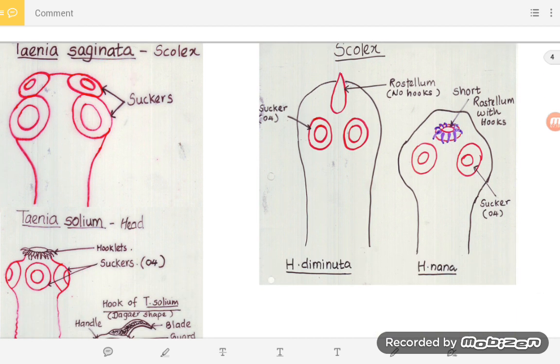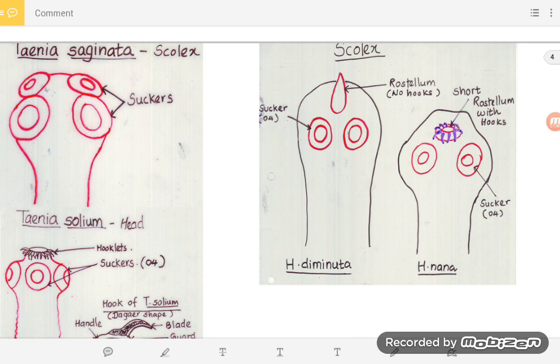Here is the scolex of Taenia saginata and Taenia solium. Of the species we know, in the case of Taenia solium and Taenia saginata, in the first picture, Taenia saginata, there is no rostellum and no hooklets. Only we can observe the suckers, which appear pear shaped.